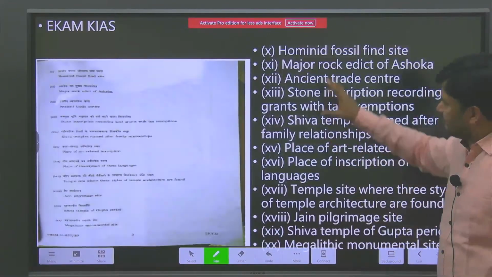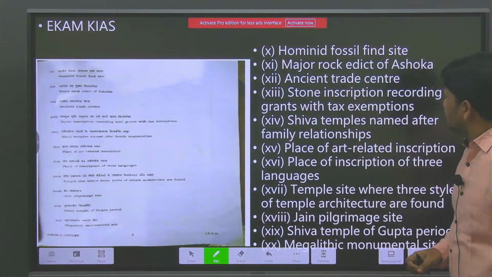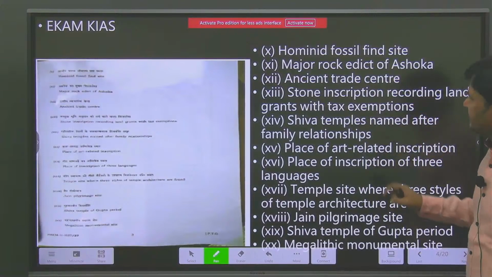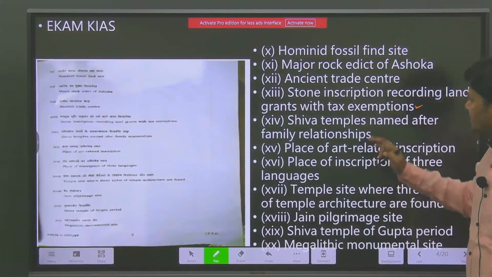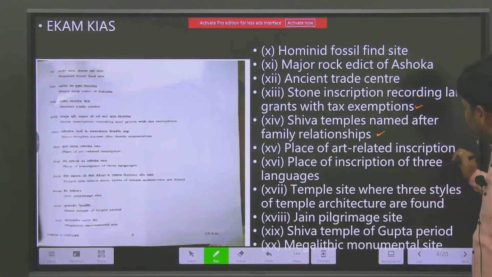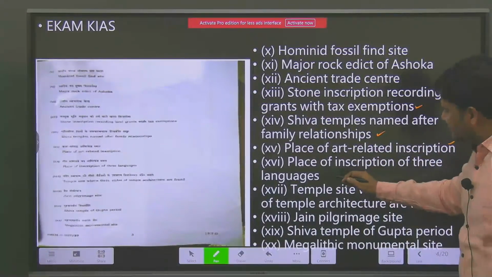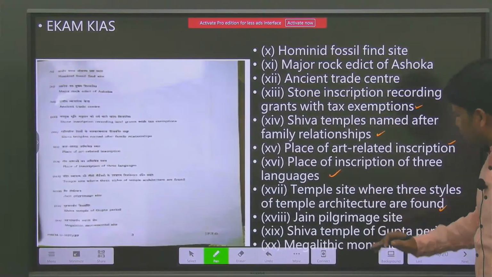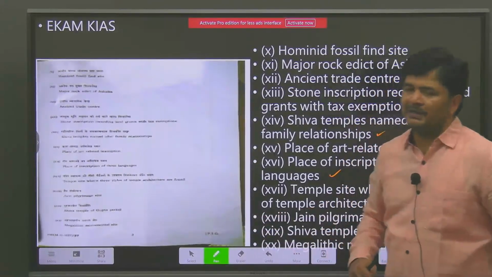Besides, we have other important sites: a hominid fossil find site, a major rock edict of Ashoka, an ancient trade center, a stone inscription recording land grants with tax exemptions, Shiva temples named after family relationships, a place of art related to inscription, a place of inscription in 3 languages, a temple site where 3 styles of temple architecture are found, a Jain pilgrimage site, a Shiva temple of the Gupta period, and a megalithic monumental burial site.